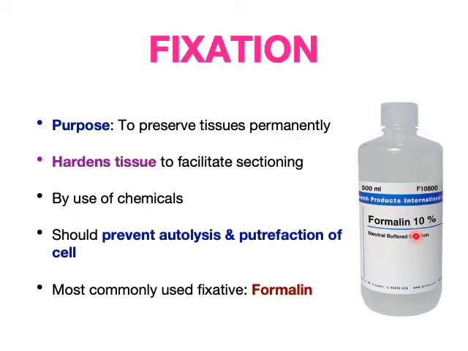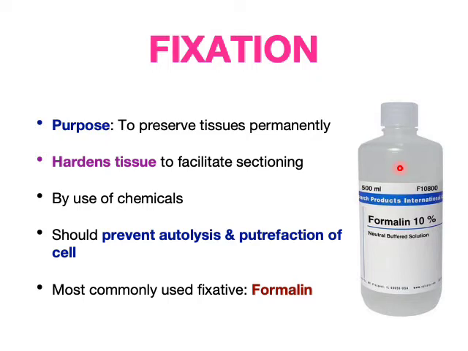It hardens the tissue to facilitate its sectioning. When we collect the tissue, it will be very soft, so it is impossible to make thin slices because it will be crumpled. If we harden the tissue, it will facilitate proper sectioning.